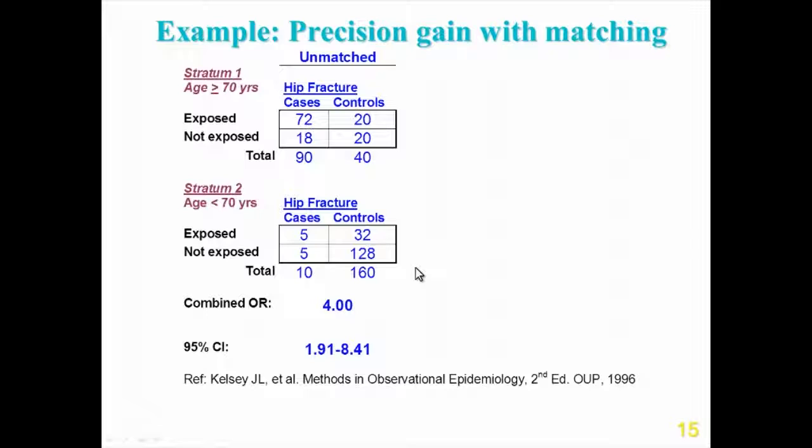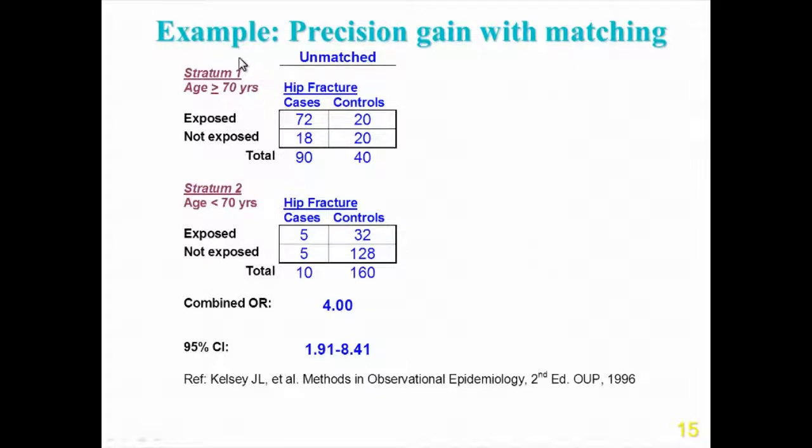So let's illustrate this issue of how we can increase the efficiency of our analysis, how we can narrow our confidence intervals. These are some data, and this is all about hip fracture, and we have an exposure. What that is is not important for the sake of this example, but say some people are exposed and some not exposed.